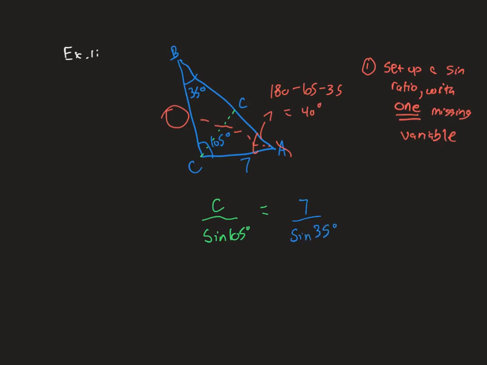Now, these are not special triangles. They're not special angles. They're not right angle triangles. So there's only really the quick and dirty way to do this, which is your second step. You're trying to solve for C. So in this case, when you're trying to solve for a side, all you need to do is multiply both sides by the denominator of the unknown.